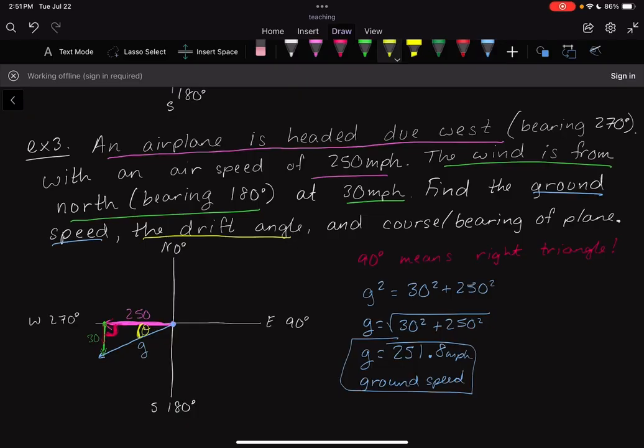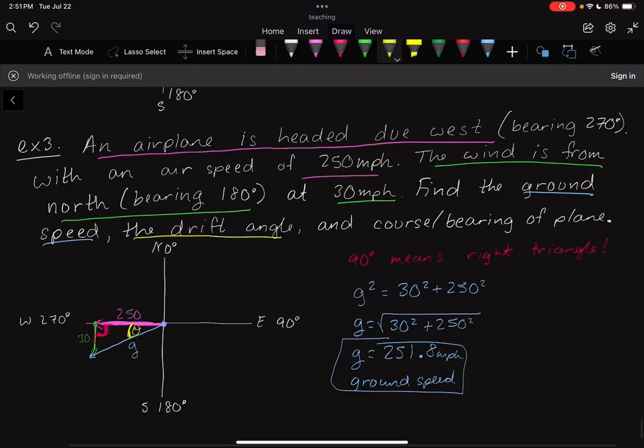Next, let's go ahead and get our drift angle. There's a few different ways you can get it. You can use sine, cosine, or tangent. The reason I would recommend tangent for this one, so tangent of theta would be equal to the opposite side over the adjacent. In this case, that would be 30 over 250.